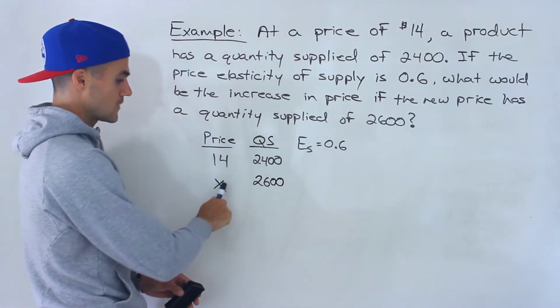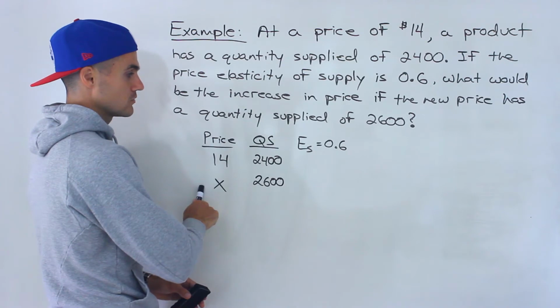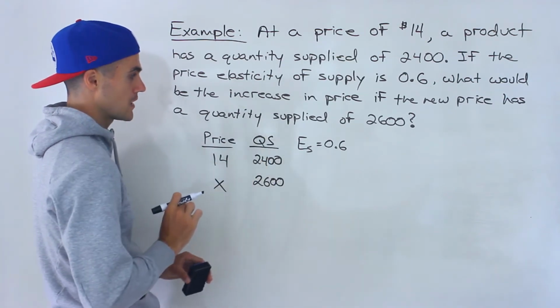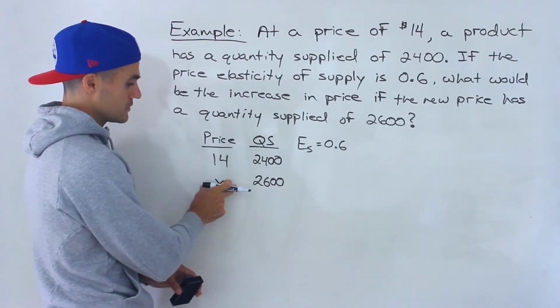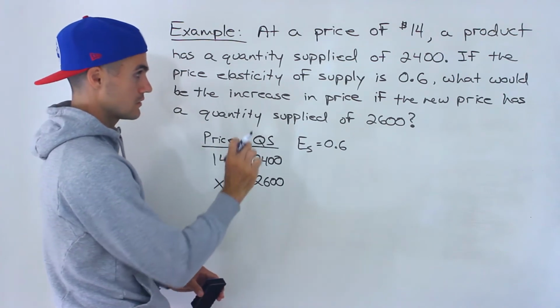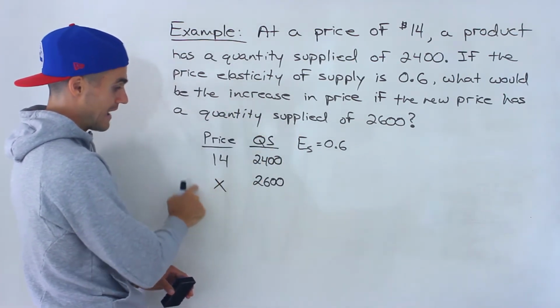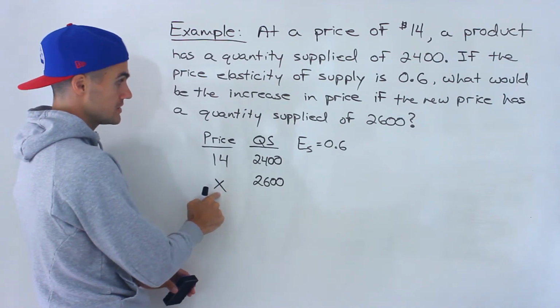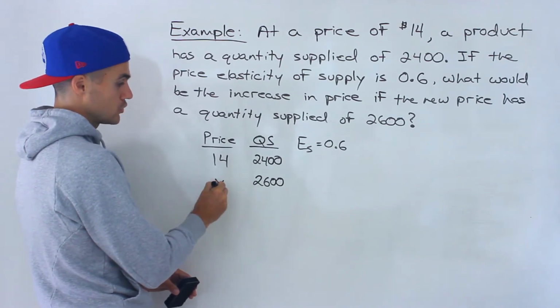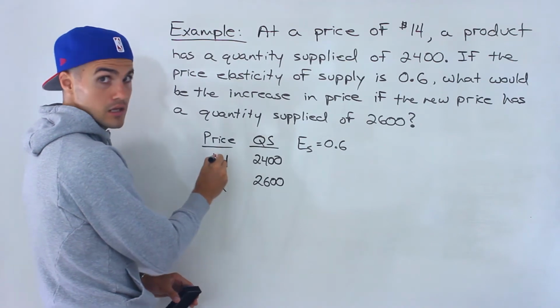And so what we have to do is solve for this X value using all of this information. And this X value is actually not going to be the final answer. If you read the question carefully, what would be the increase in price? So once we have this X value, which is going to be the new price, we would take the difference between the new price and the old price.